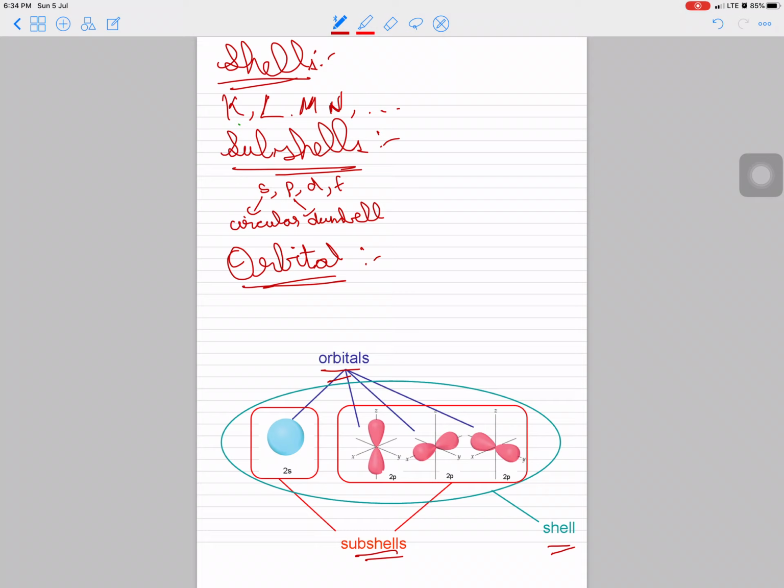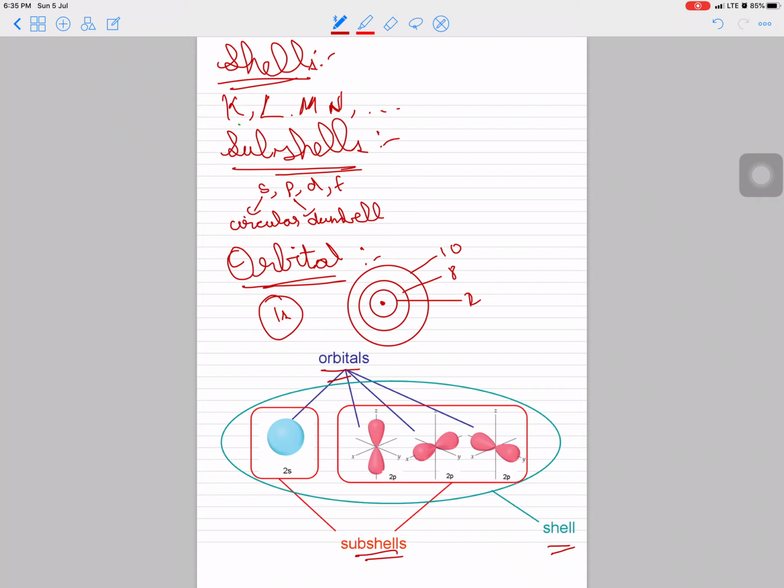If you take 1s, you all might know what 1s is, or even better, let's take a diagram here. In the first shell you can fill 2 electrons, the next one 8, the next one 18.